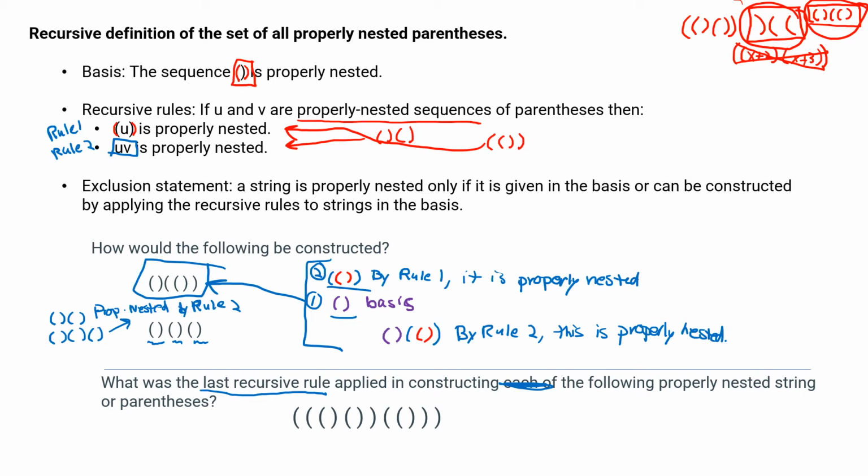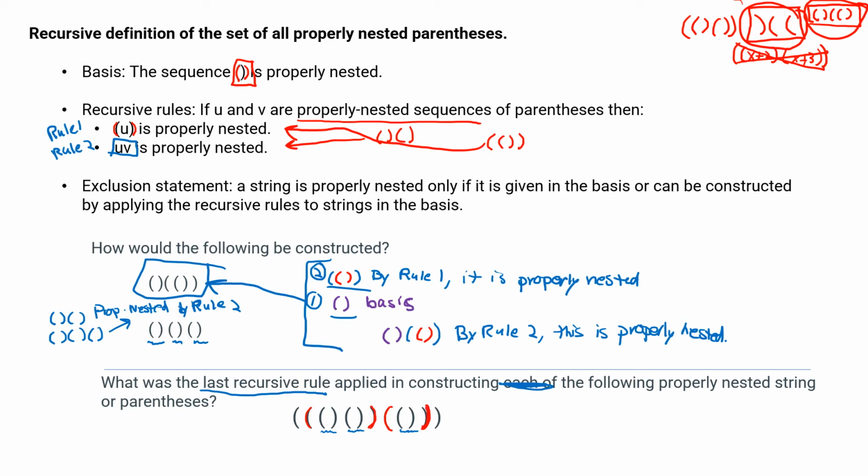So let's see if we can analyze this by going into the individual little basis values. So here's a basis here, here's a basis, and here's a basis. Okay, so it looks like they put two bases together there, and then they put this parenthesis here and that parenthesis there, by using that rule 1. And then over here on this other one, they used rule 1 again to put parentheses here.